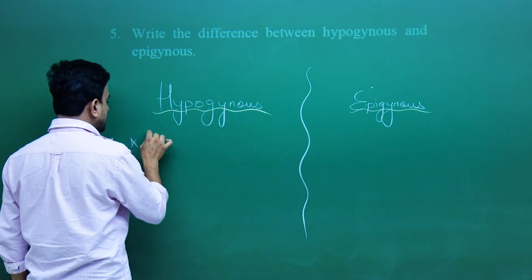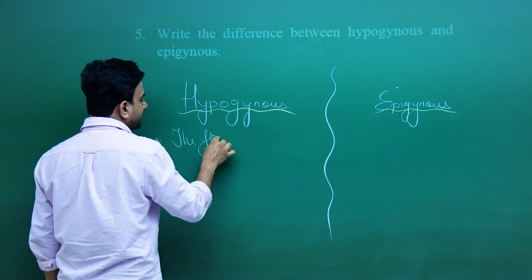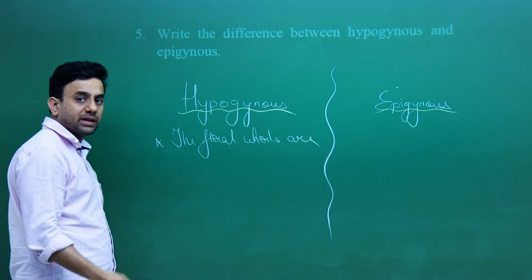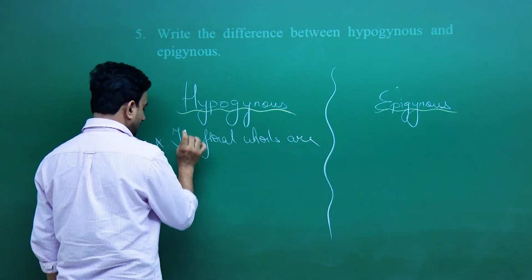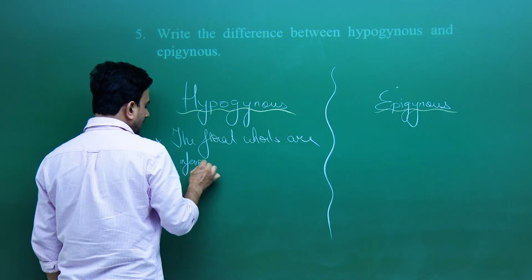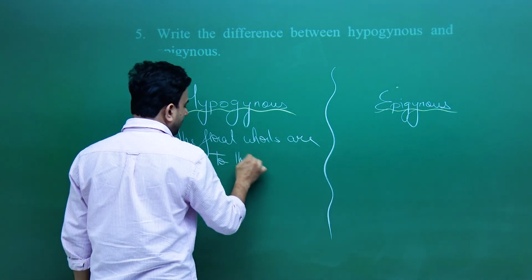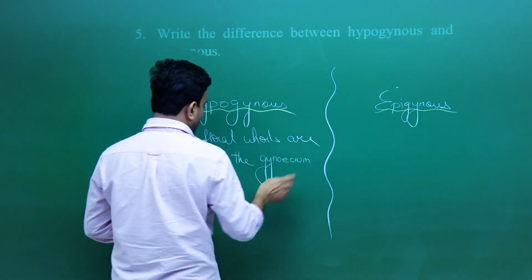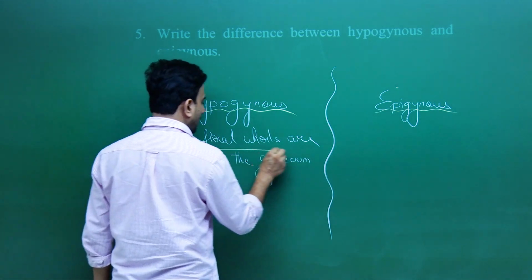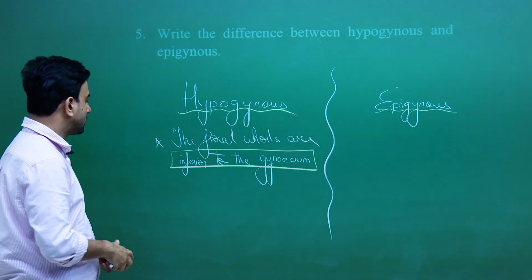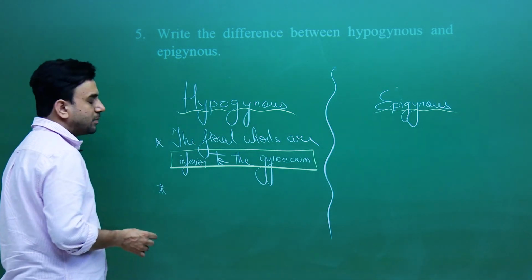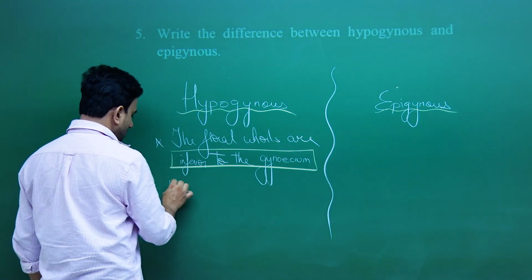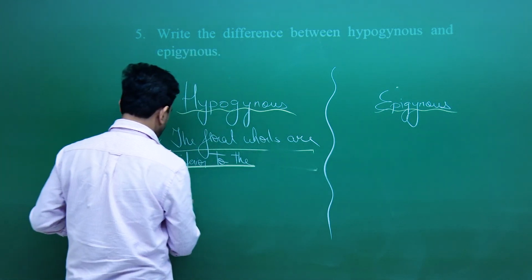Hypo: the floral whorls are inferior to the gynoecium, that is, inferior to the ovary.